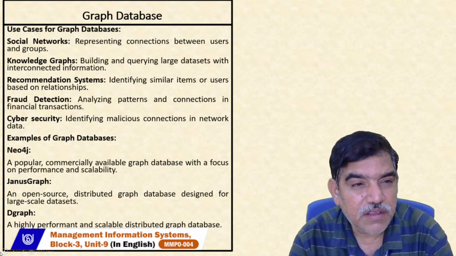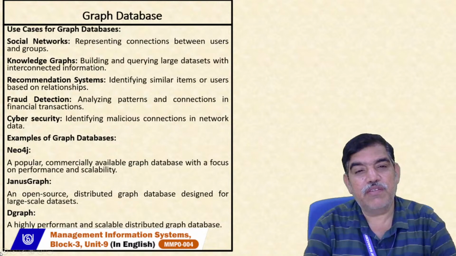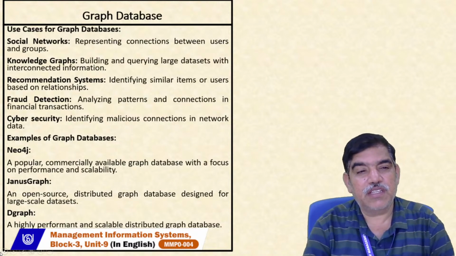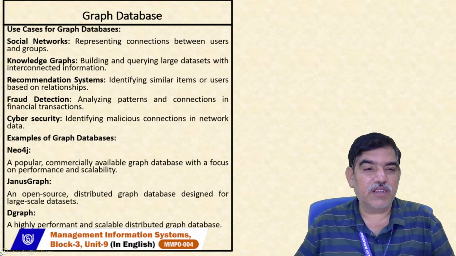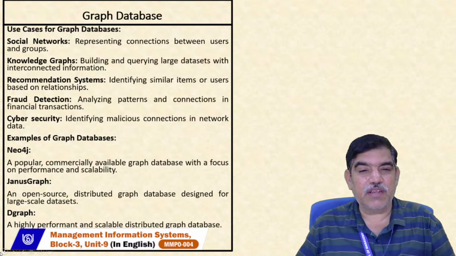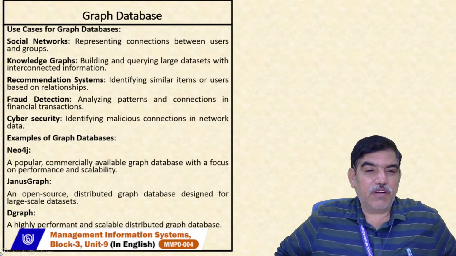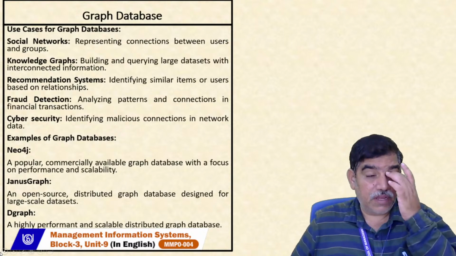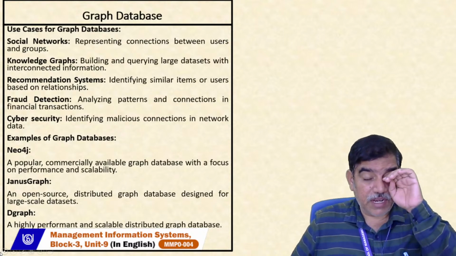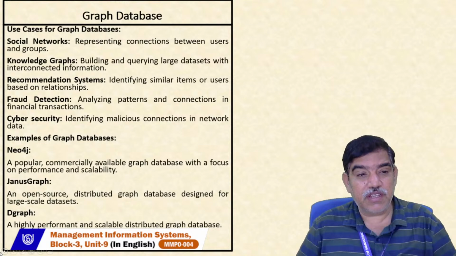Then knowledge graph, building and querying large datasets with interconnected information. Recommendation system, identifying similar items or users based on relationships. Then fraud detection, analyzing patterns and connections in financial transactions. Then cyber security, identifying malicious connections in a network database.